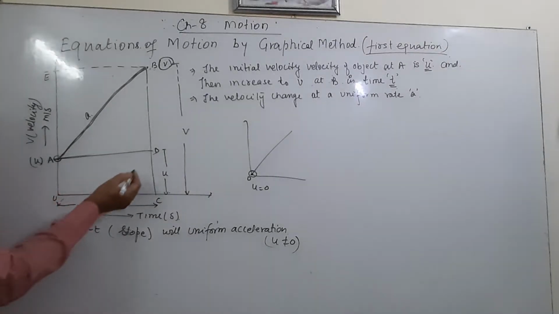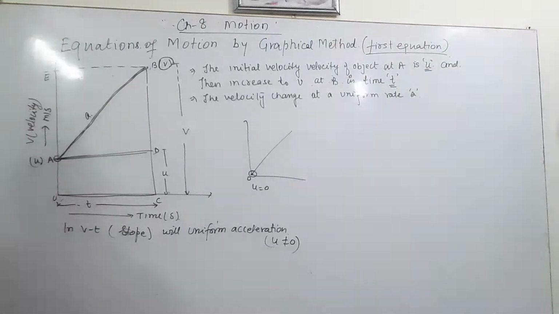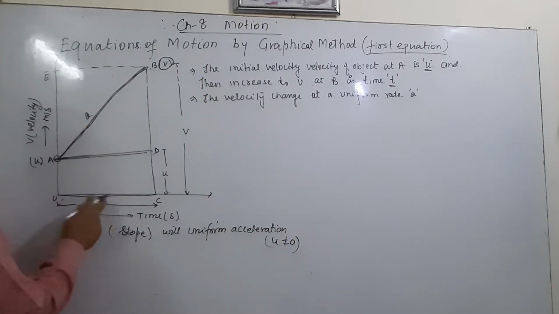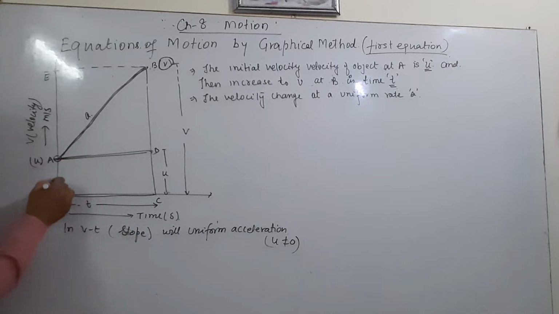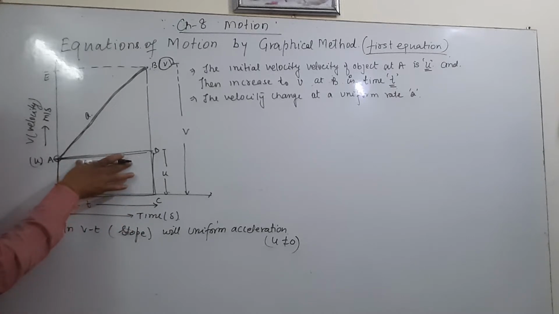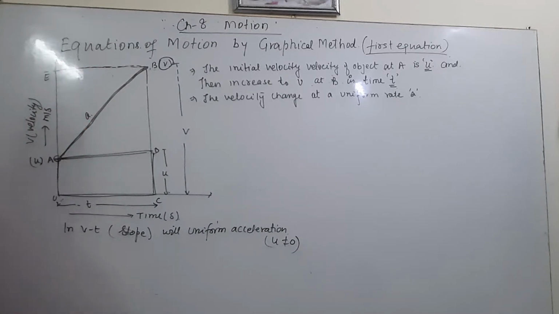And OC is parallel to AD. It means if OC is equal to t, then AD is also t. Parallel means the distance between CD and AO is the same. It means AO is equal to CD, and OC is equal to AD. And from B, draw BE perpendicular to the y-axis.